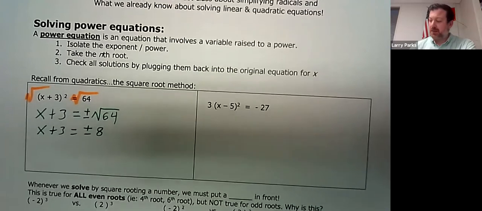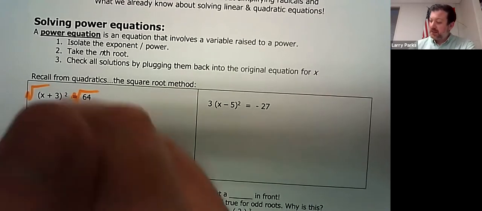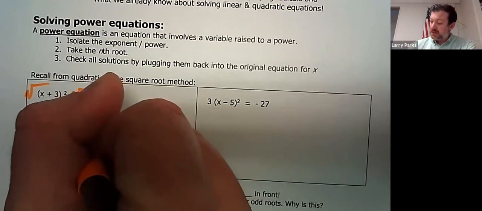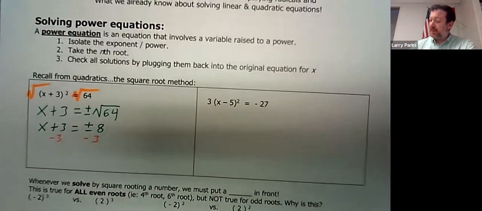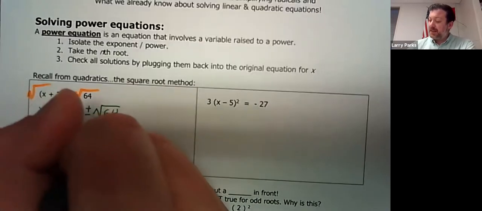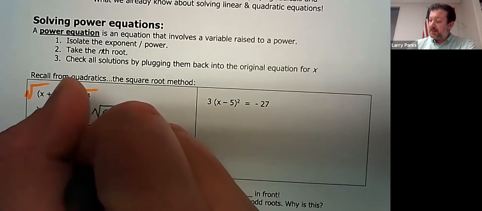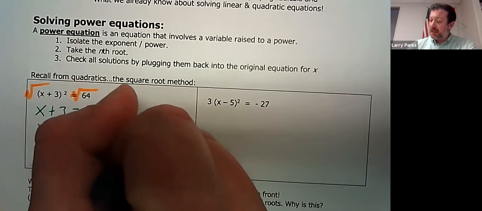Solve for x. So I'm going to subtract 3 from both sides. And I get x is positive and negative 8 minus 3.